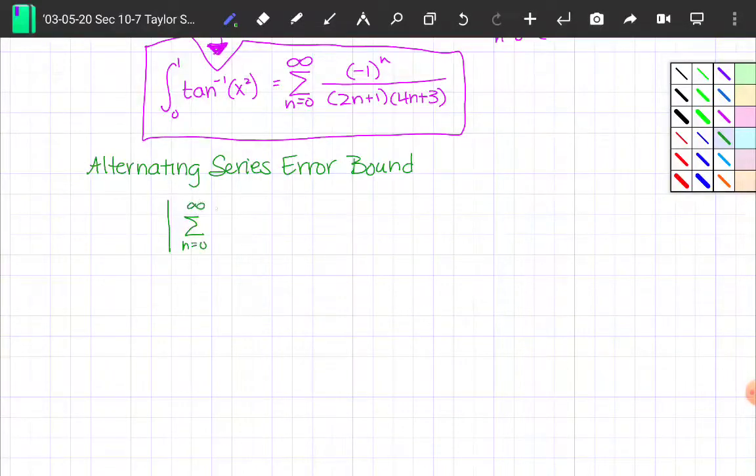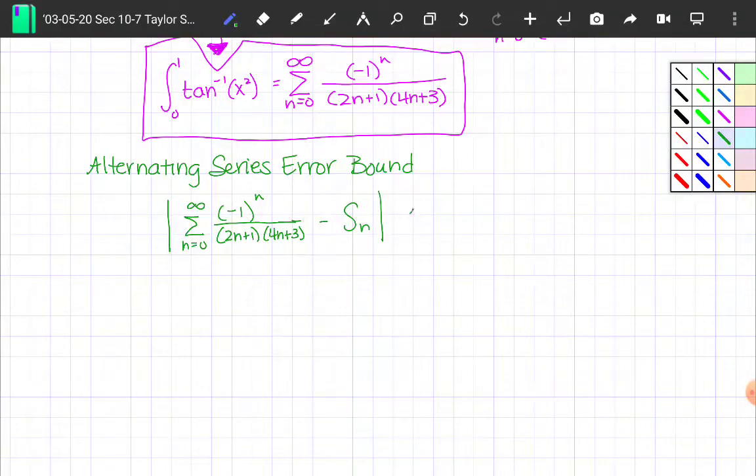The actual series, because now we're going to use this series to approximate the value of the integral. If I could do this to infinity, I could actually get the value of the integral, but I can't. So I'm going to use some partial sum to approximate it.